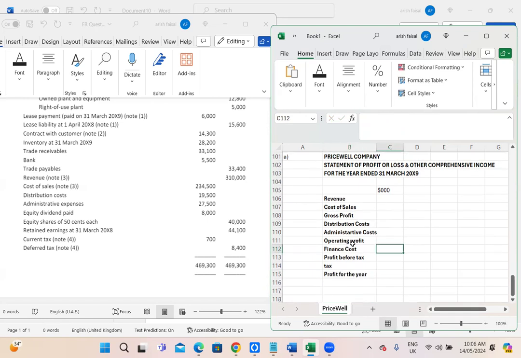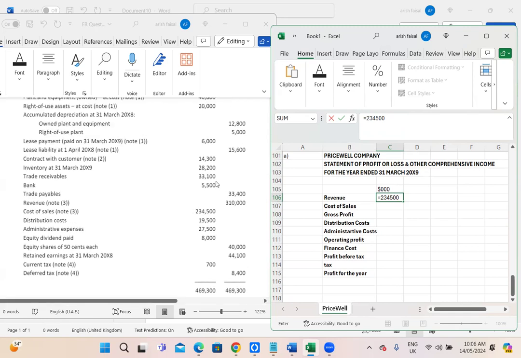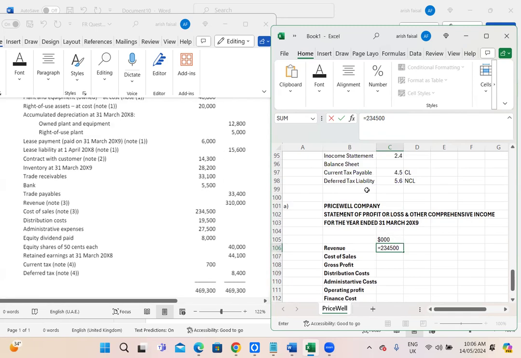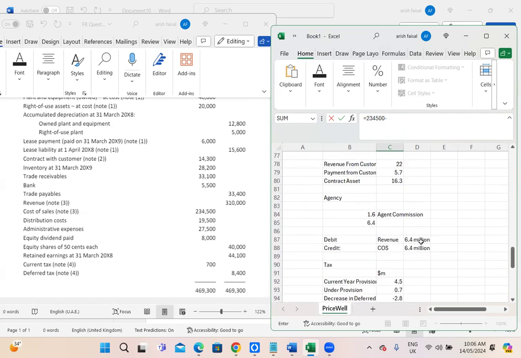Now, as far as the revenue is concerned, as per the trial balance, what has been given to you is 234500. But if you remember, we had certain adjustments which we have to do. The first one is that you had to remove the 6.4 million from here, because debit revenue means that you're reducing it as a revenue, right? You don't have to record this as a revenue.